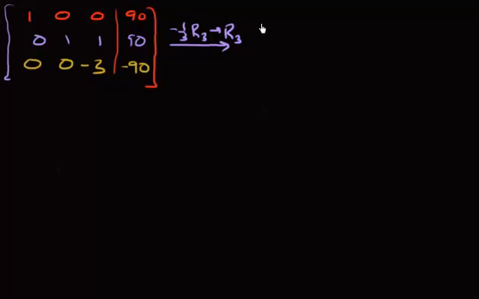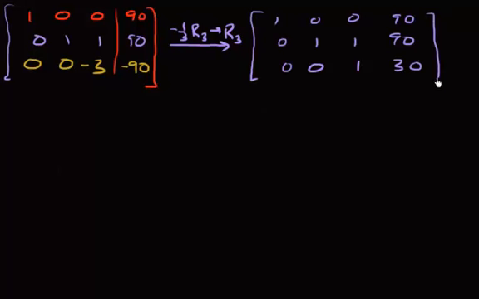Store that back into row 3. So we're not changing anything to the first two rows. And so now negative 3 times negative 1/3 is 1. And negative 1/3 times negative 90 is 30. Okay, so here's our new matrix.